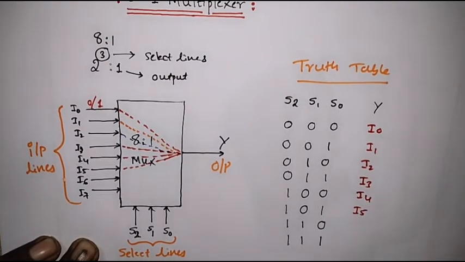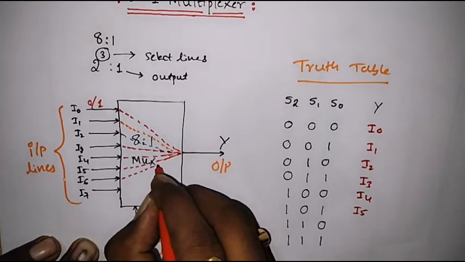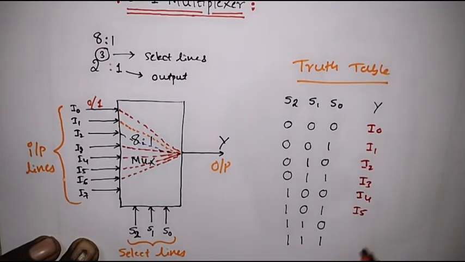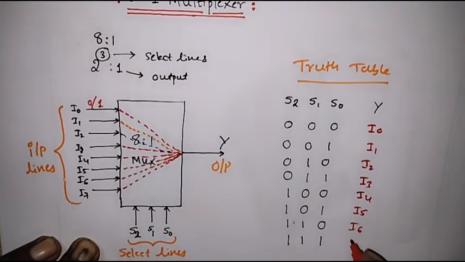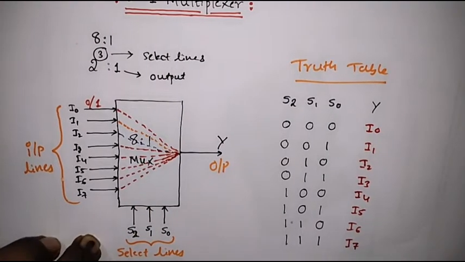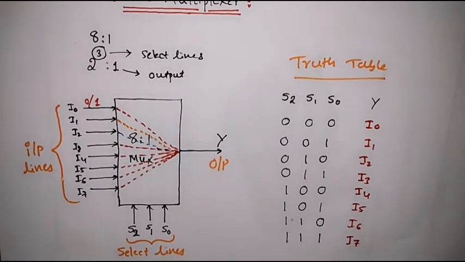This is I5. When 1 1 0, that is 6, I6 is connected to output line. This is I6. And when the select lines are 1 1 1, I7 is connected to output line. So this is the truth table of 8:1 multiplexer.